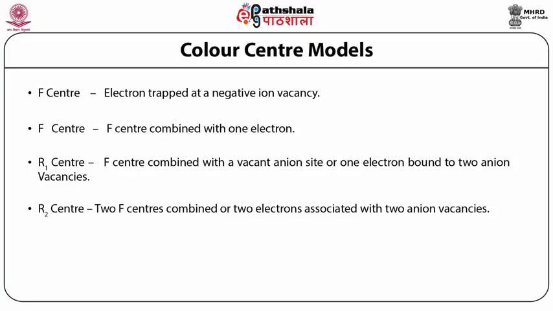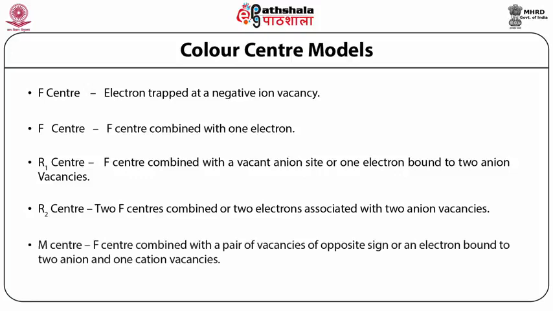R2 center is two F centers combined, or two electrons associated with two anion vacancies. M center is F center combined with a pair of vacancies of opposite sign, or an electron bound to two anion and one cation vacancies.